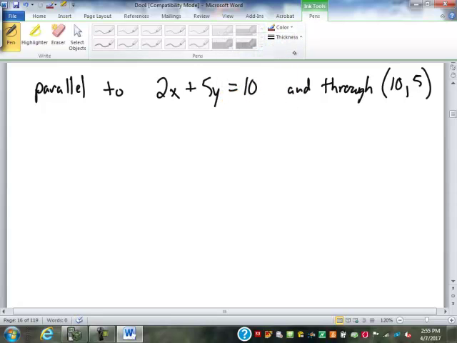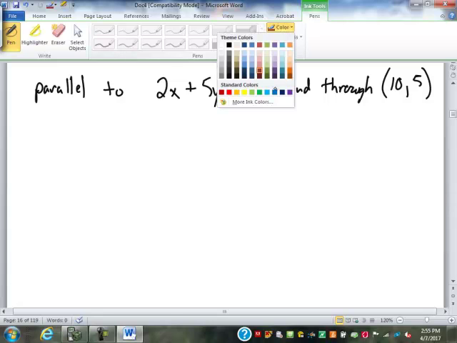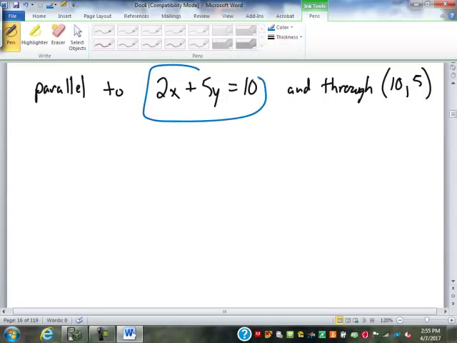So we have to start with finding the slope of that original equation. Unfortunately, it's not in our slope-intercept form.